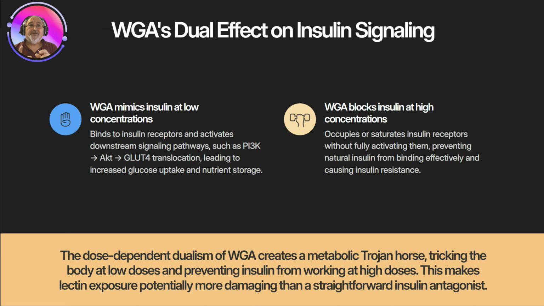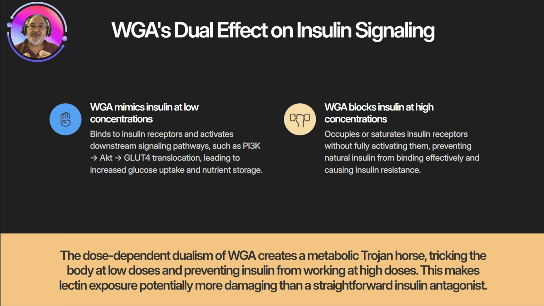How WGA interacts with insulin receptors. So, WGA has structural similarity to insulin in its ability to bind the insulin receptor, IR, on cell surfaces, particularly on adipocytes, fat cells, and myocytes, muscle cells. But here's the twist.